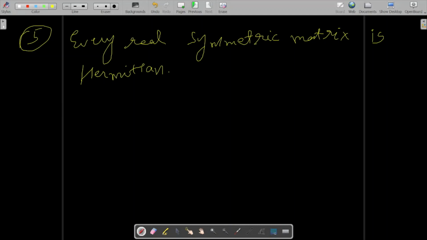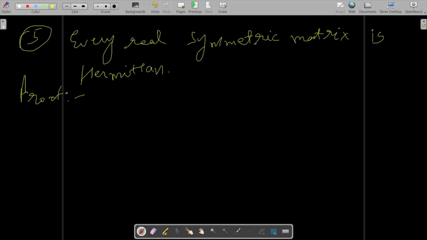So the proof of this. What does it mean by a real symmetric matrix? You know the definition of a symmetric matrix: when the transpose is taken, it comes out to be the same. A is equal to A transpose.